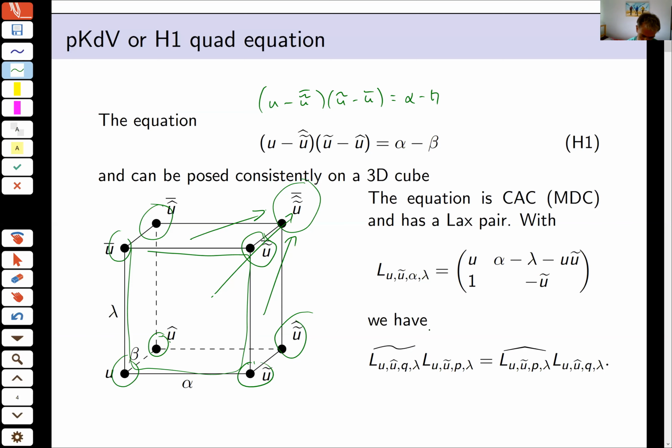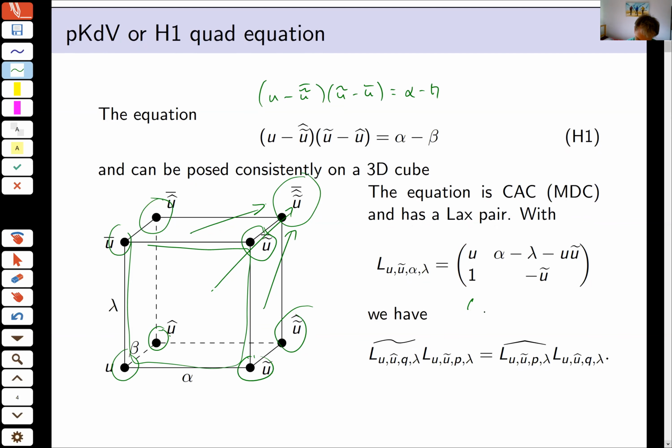We can calculate the quantity U tilde bar in terms of U bar as a fractional linear transformation, and that fractional linear transformation can be expressed using a matrix, and that is your Lax matrix. So this will give you a linear system. So we can linearize that fractional linear transformation.